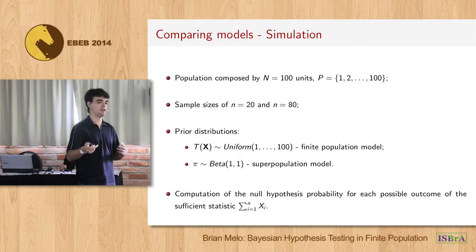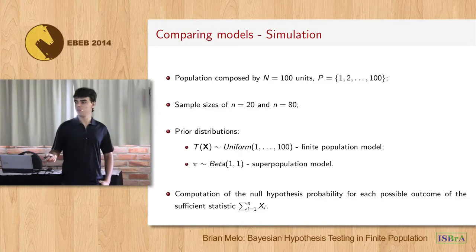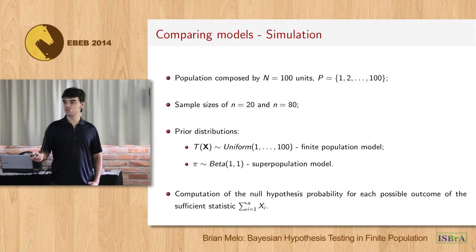So we did a kind of simulation study where we consider a population with 100 units and two sample sizes, 20 and 80, to consider a small sample size and a big one, to see how the probabilities behave. So we have the prior distributions, which I consider uniform in both cases.